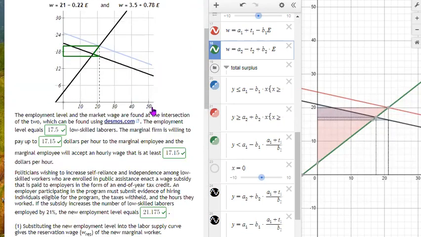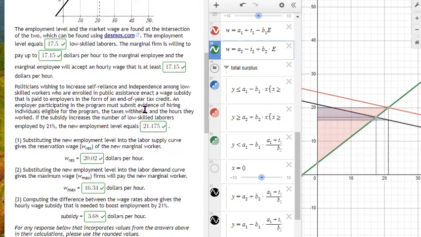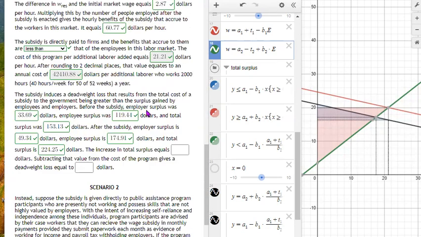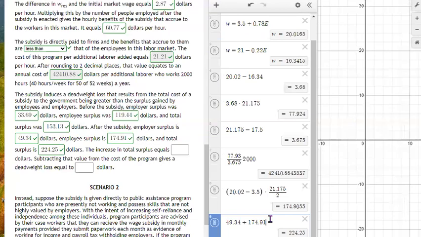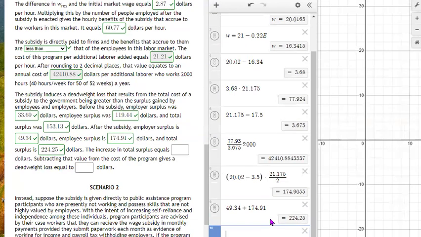Now, how do we calculate that area? Well, all we're going to do is take the old total surplus and subtract it from the new total surplus. The old total surplus was 153.13.